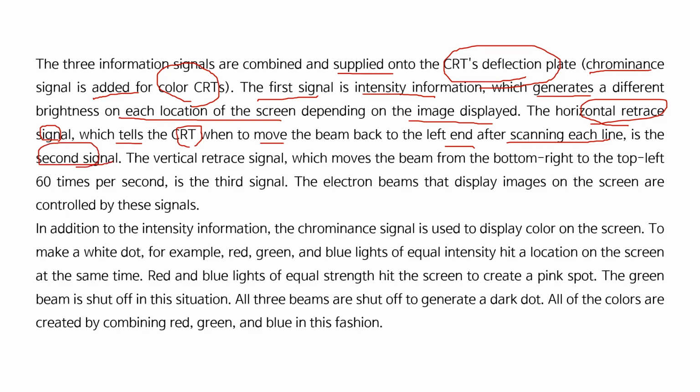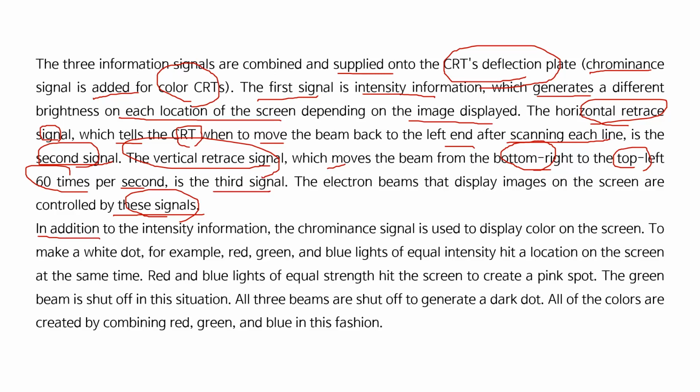The vertical retrace signal, which moves the beam from the bottom right to the top left 60 times per second, is the third signal. The electron beams that display images on the screen are controlled by these 3 signals.